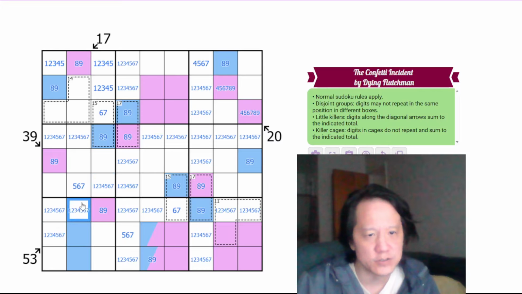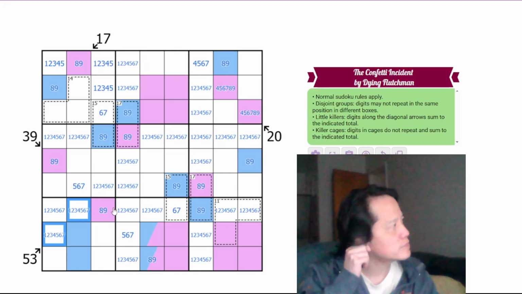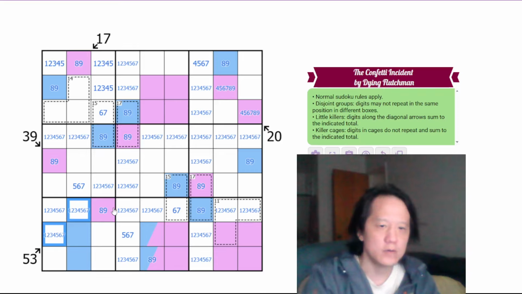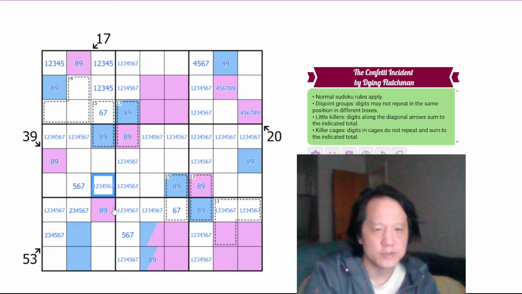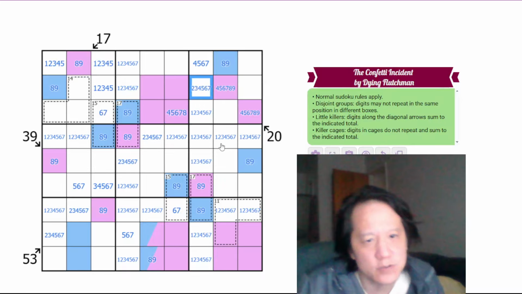So the 6 could go down 4. So 1 cannot be here. The 7 here could go down 4, so that's a 3. Again, no 1 here. This potentially 8 could go down 4. So 4 through 8, this can't be 1. That's all we know.